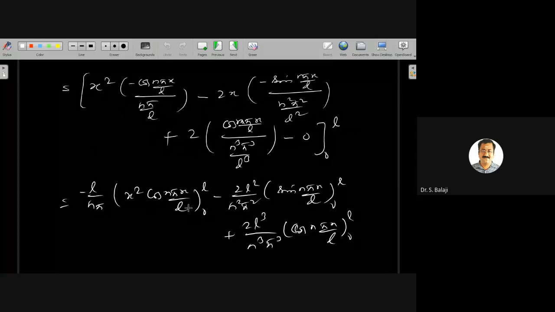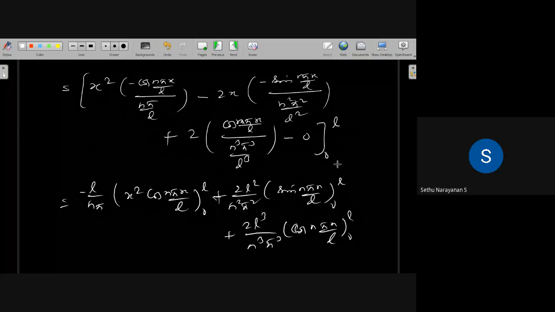Here the constant values are minus plus 2 L square by n square pi square, okay, this is plus 2 L square by n square pi square, and here sin n pi x by L, 0 to L.